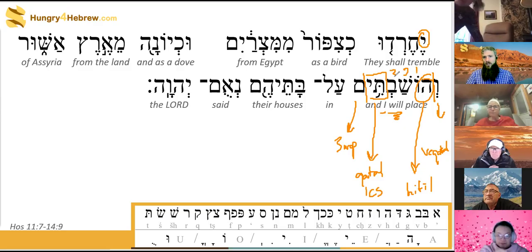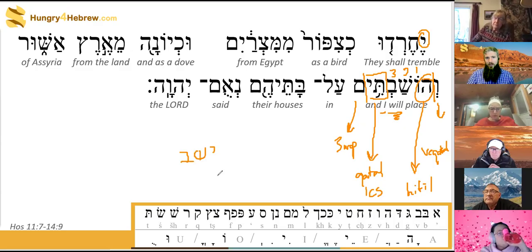There's your original root, and Vav turns into Yod when it comes first, so the root is Yashav, to sit. I will cause to sit or cause to dwell them. I will cause them to dwell al batehim, around, in, on their houses, Ne'um Adonai, declaration of the Lord.